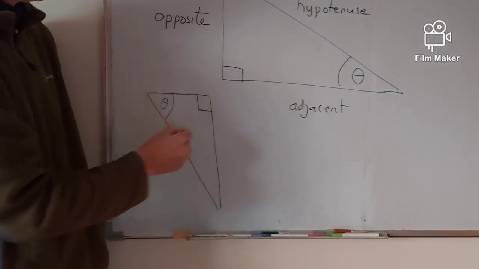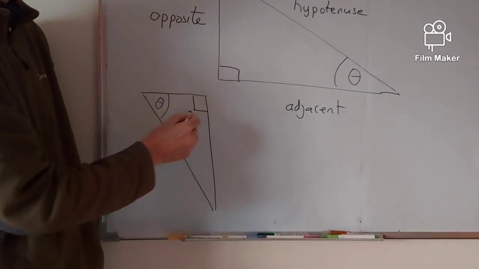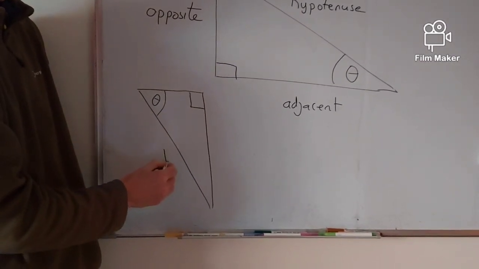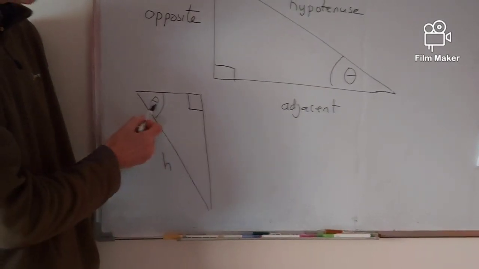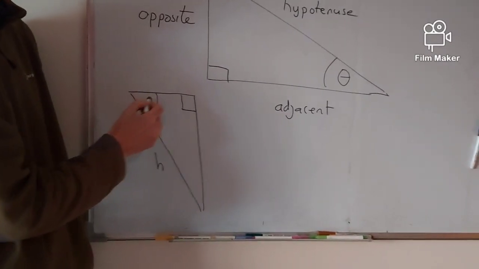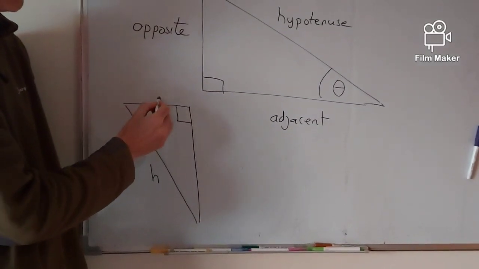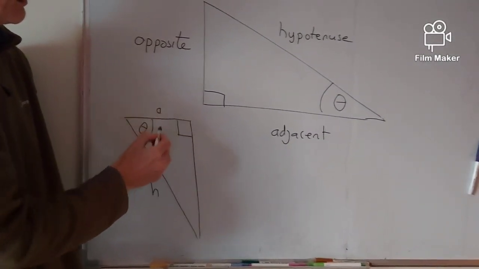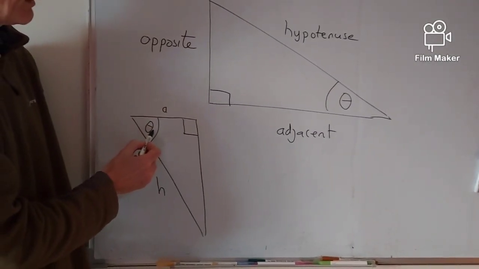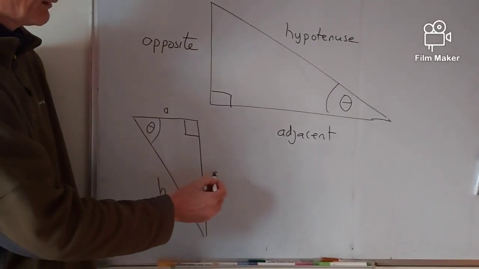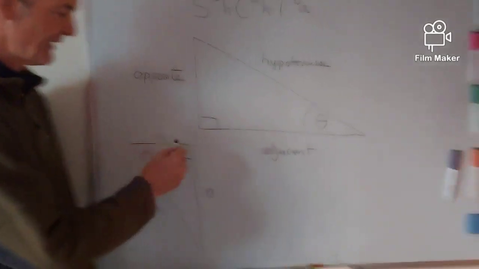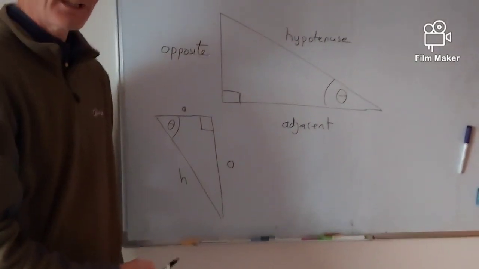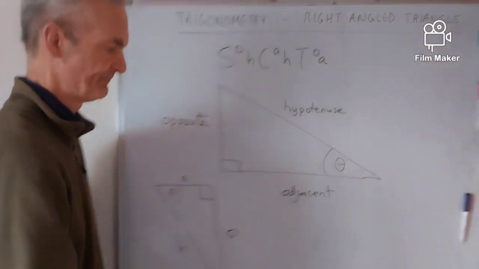So the side opposite the right angle is the hypotenuse, I'll call that H. The side next to the angle that we've identified, theta here, is the adjacent, and the side opposite the angle over here is the opposite. So we can label the triangle no matter how it's orientated.